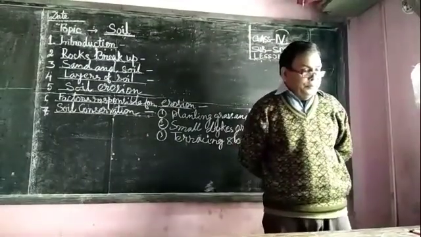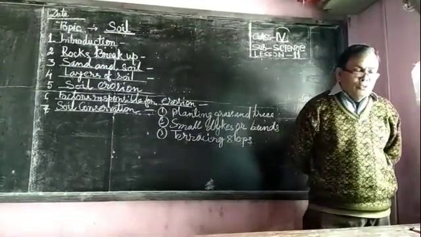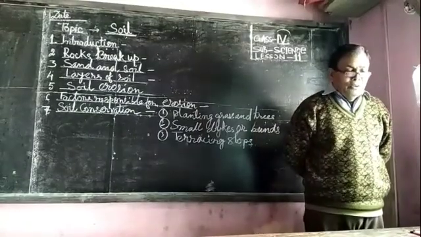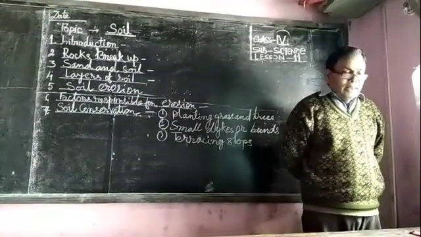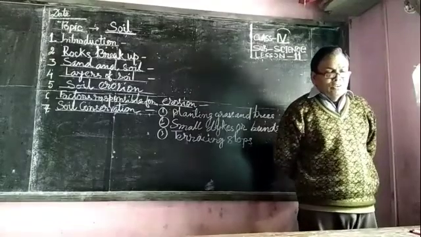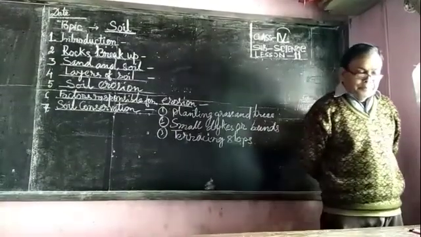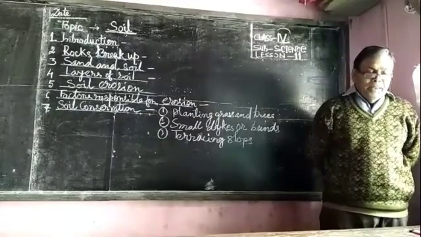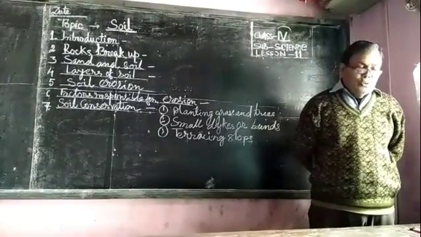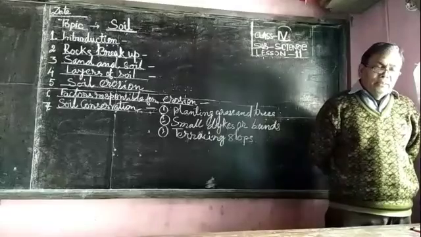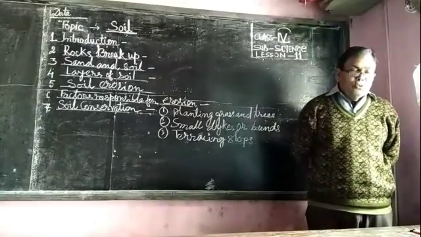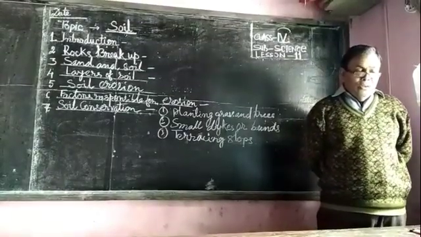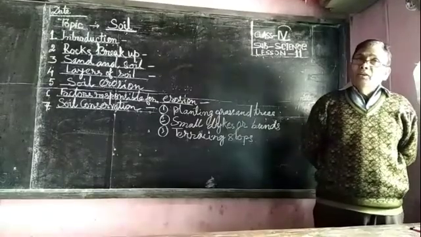This layer of soil is best suited for growth of plants. The layer below the topsoil is called the subsoil. This layer is sandy and contains small stones. Just below the subsoil is a layer of stones and rocks called the bedrock.